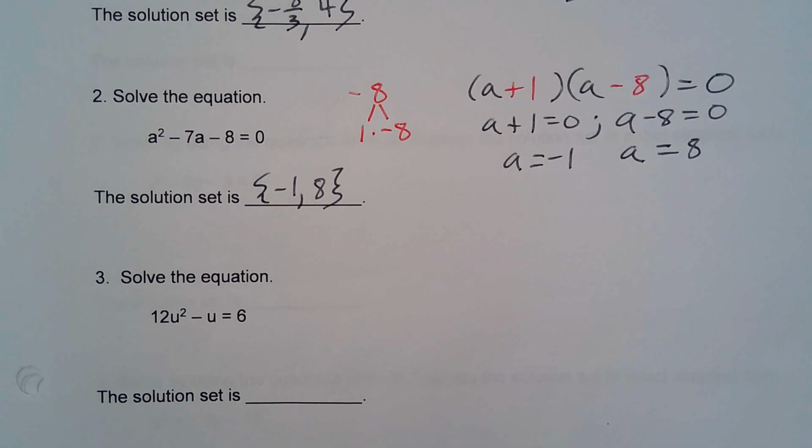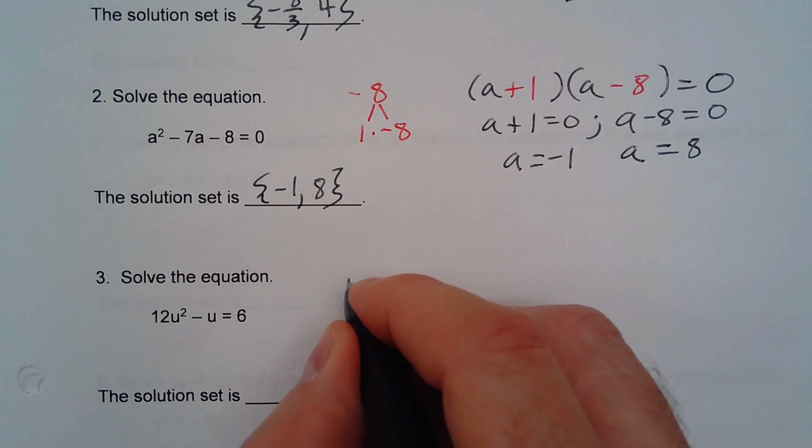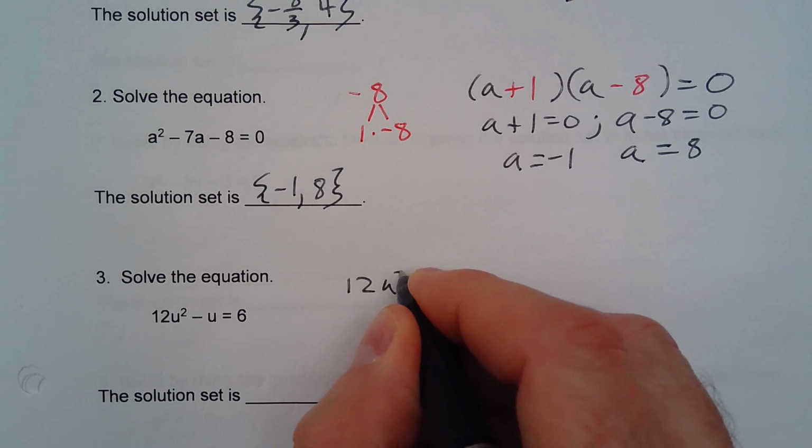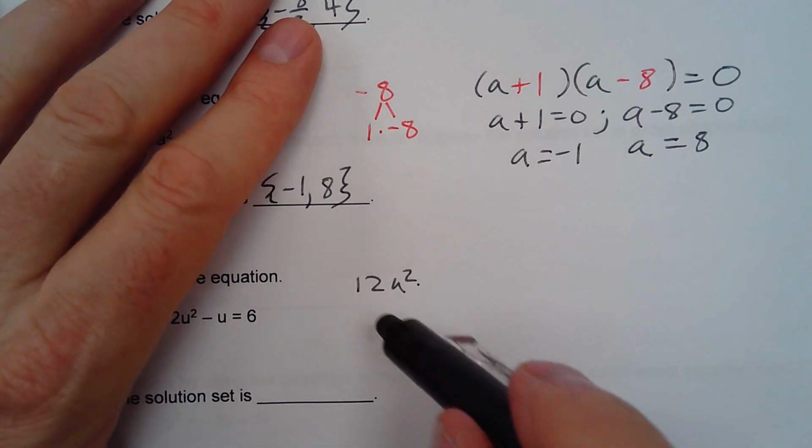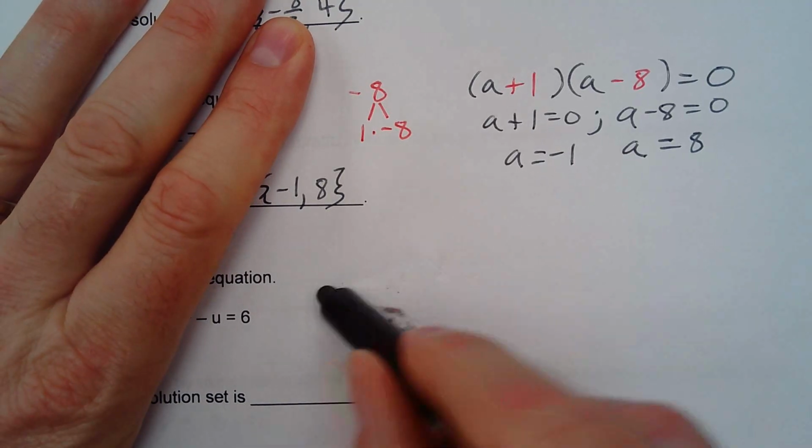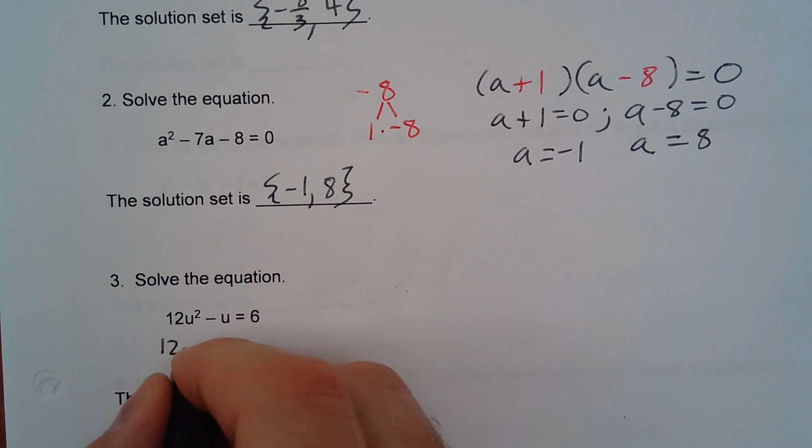Now looking at number 3, if we're trying to solve this by factoring, we first need to get 0 on one side. So we're going to subtract 6 from both sides. In fact, I'm going to need a little extra room, so let me just write it underneath here.